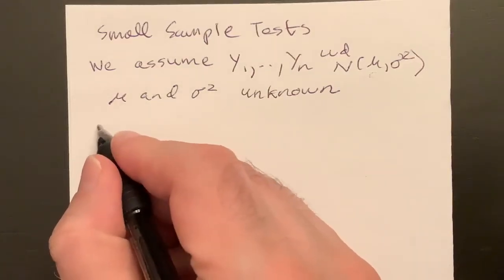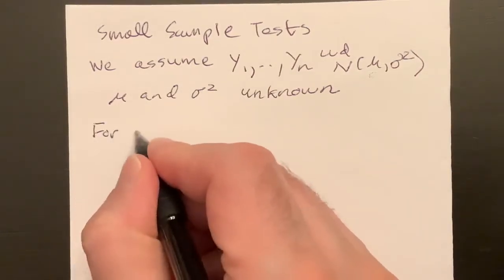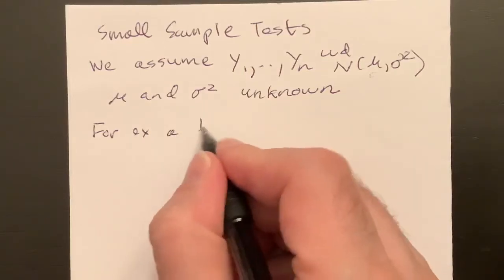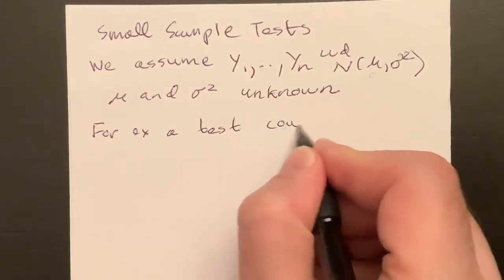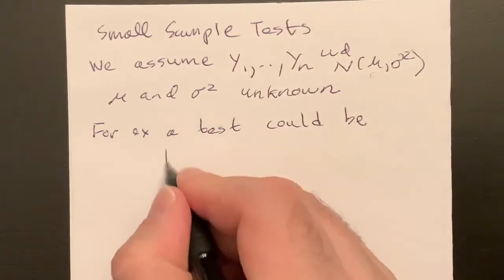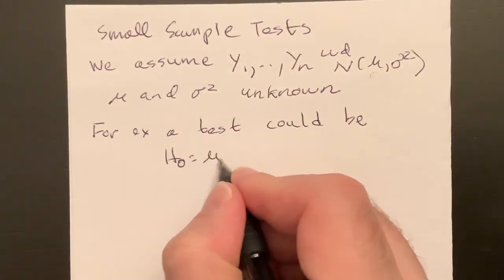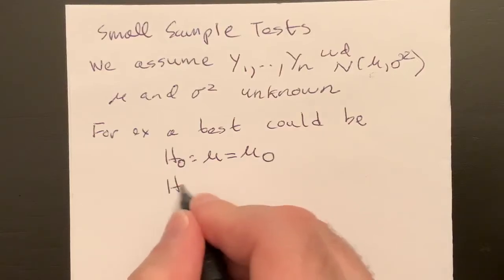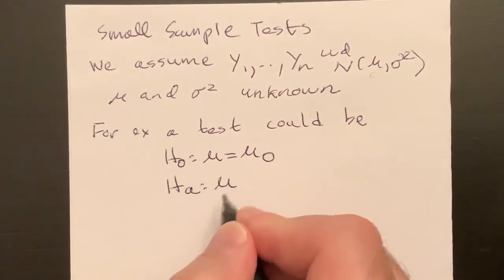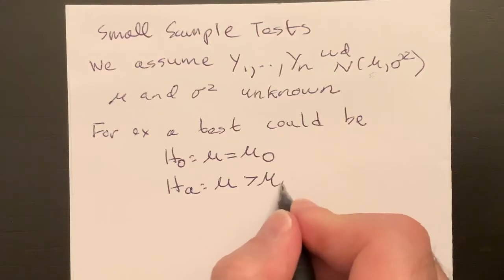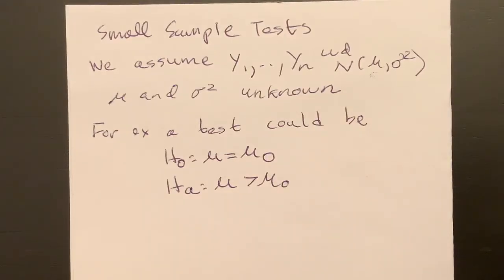A test could be H0, say mu equals mu 0 versus HA mu, say greater than mu 0. Other possibilities are mu less than mu 0 or mu not equal to mu 0, or even mu equal to some other value mu a, or mu in some other range. So could get even fancier.